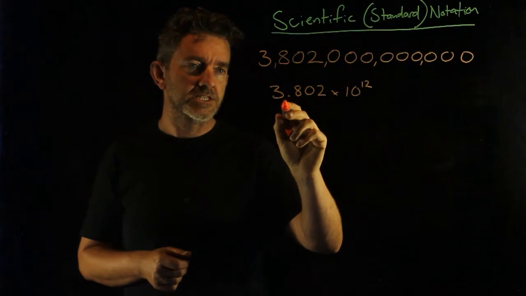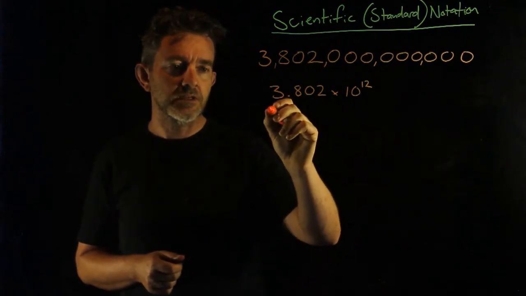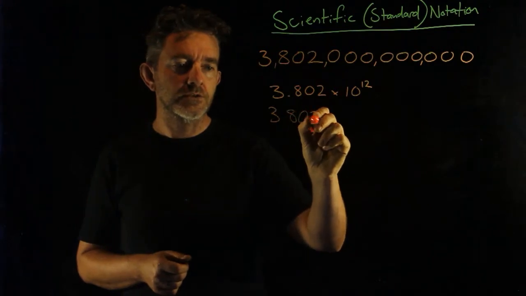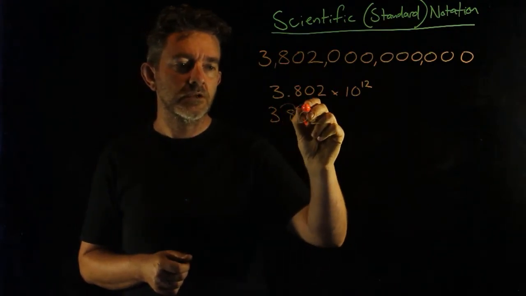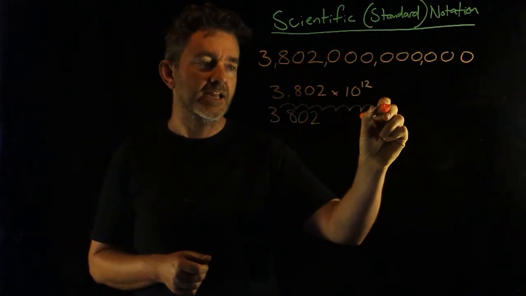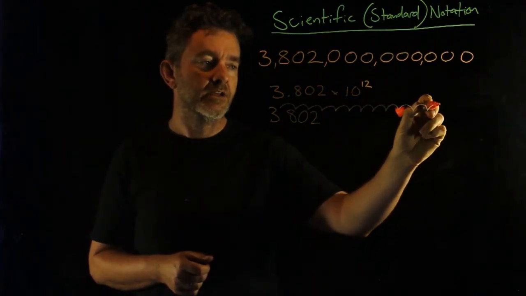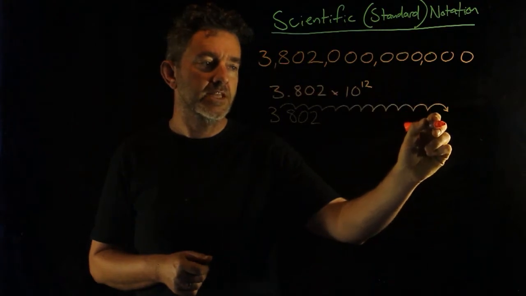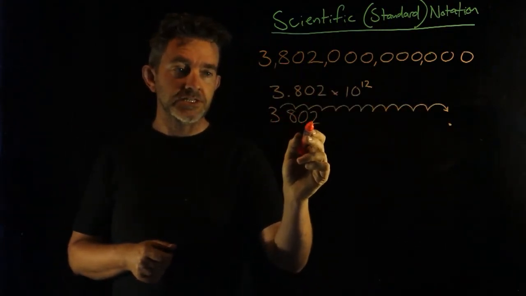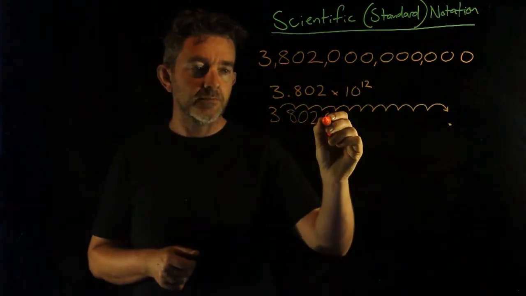So if I was going to change this back into a decimal number, it'd be 3.802, and I'd move the decimal place across 1, 2, 3, 4, 5, 6, 7, 8, 9, 10, 11, 12 times to put it over here. Now you can see I've jumped over these 3 digits, and every other jump would become 0.